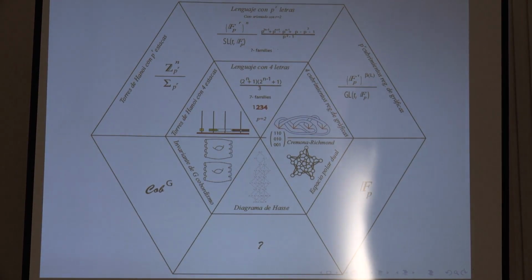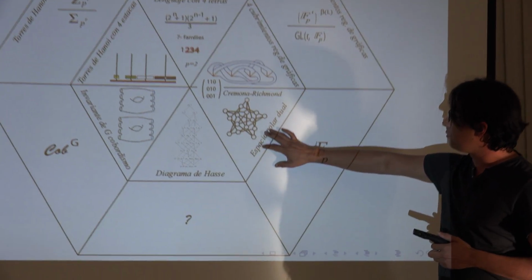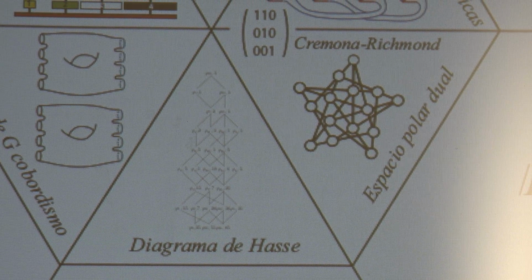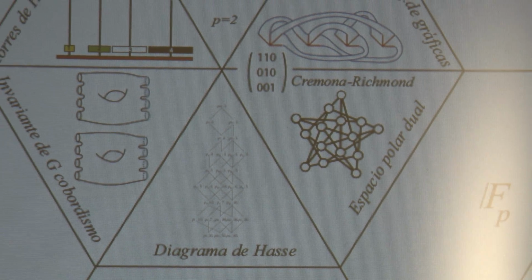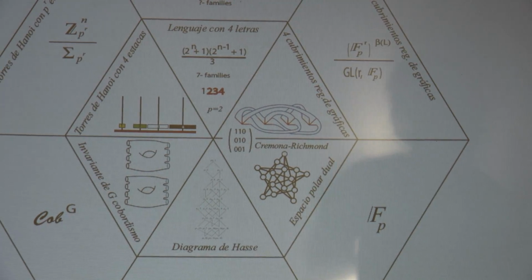But it's missing, for example, this. What happens with this? To go to this structure, what we do is that the words are classified in 7 families.